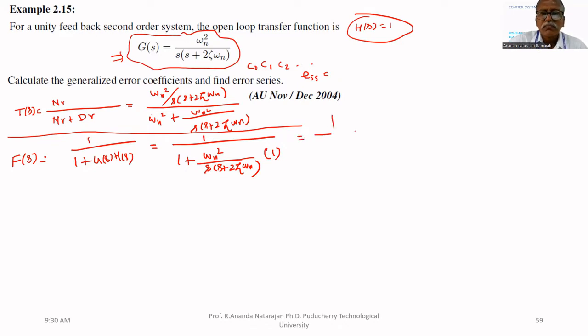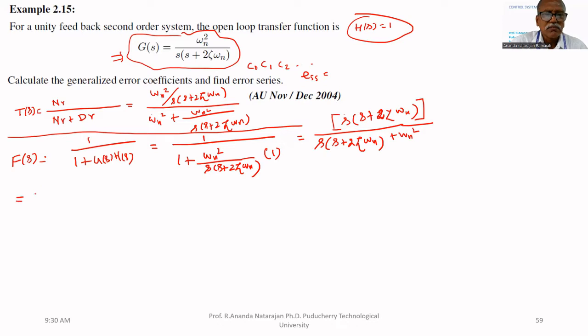That is equal to S multiplied by S plus 2 zeta omega n upon S multiplied by S plus 2 zeta omega n plus omega n square.